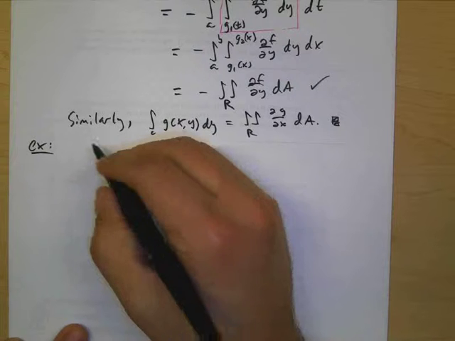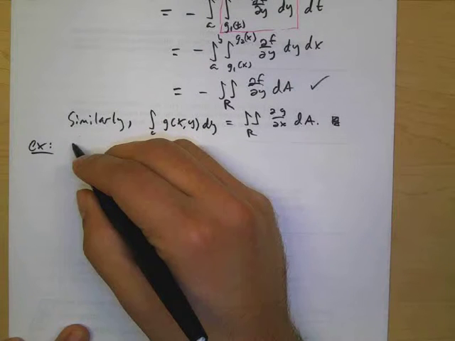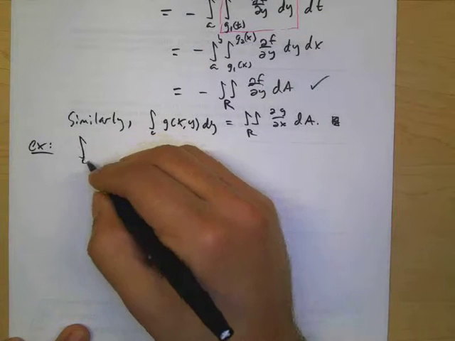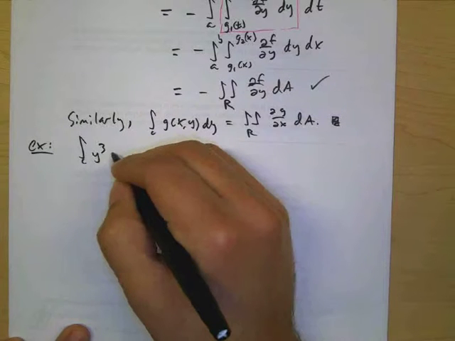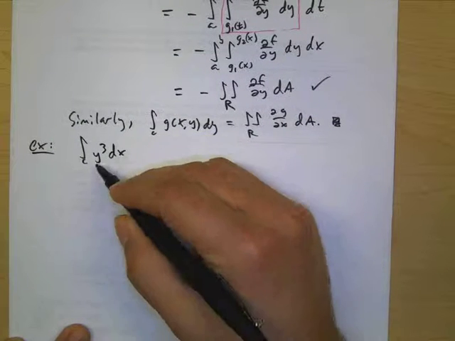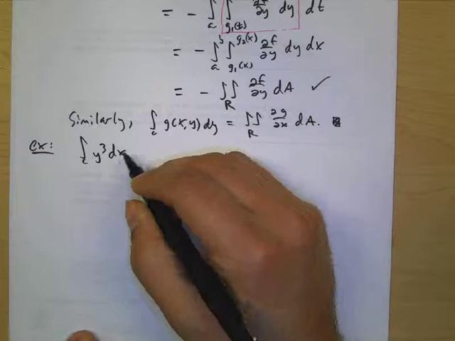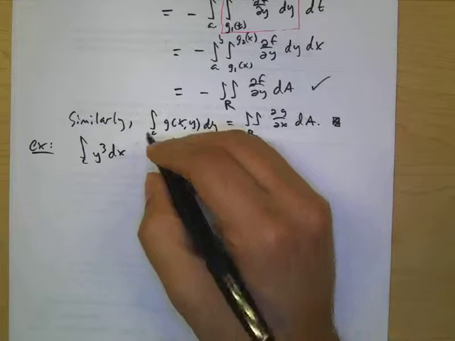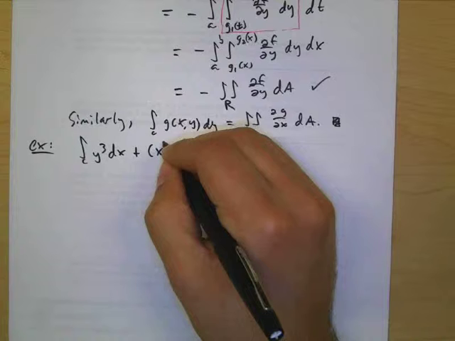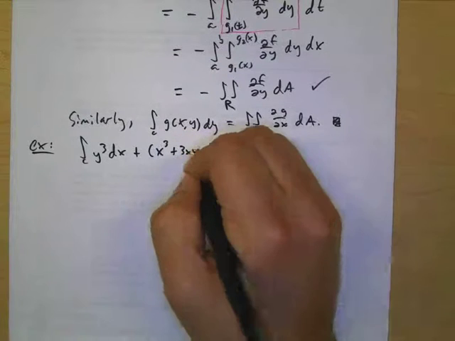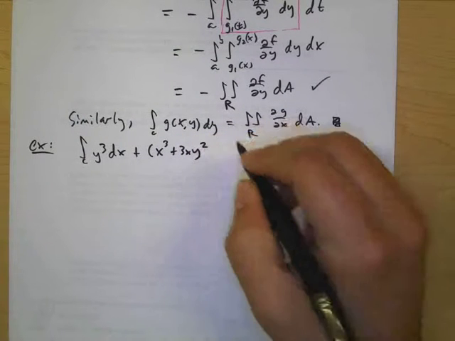So let's say we have the line integral of y cubed dx plus x cubed plus 3x y squared dy.